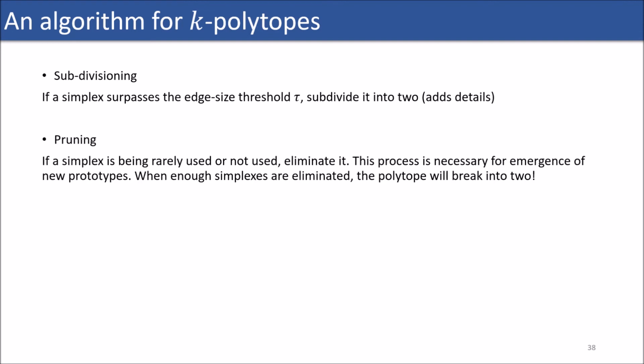In subdivisioning, if a simplex surpasses the edge size threshold tau, then subdivide it into two, adding more detail. In pruning, if a simplex is being rarely used or not used, eliminate it. Most importantly, this process is necessary for emergence of new prototypes. When enough simplexes are eliminated, the polytope will break into two or more.